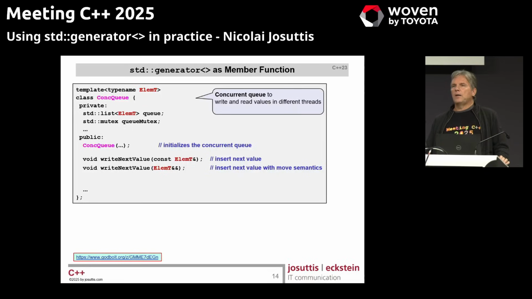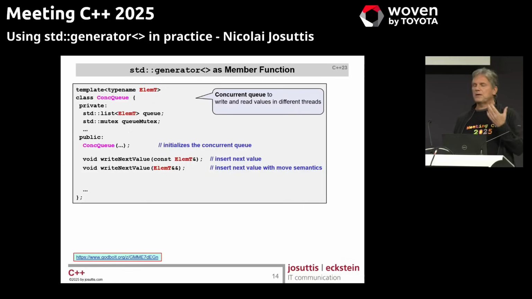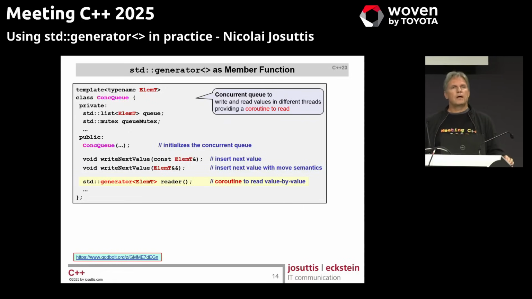And then how can we read that data? Well, great opportunity, take a coroutine, a generating coroutine. So say the API to read these elements from the generator is just a reader, and in that reader, we simply see what is the next value in the queue, so we grant access with the queue mutex, see what is the next element, yield it, and then we are done.